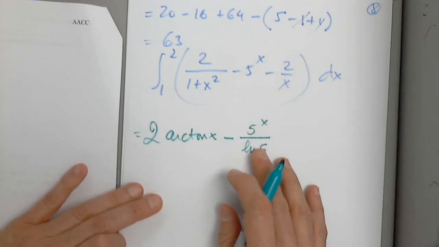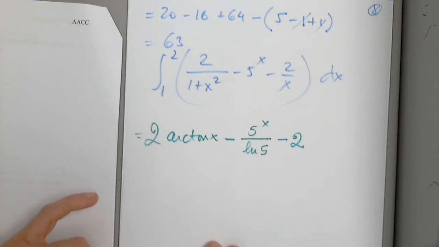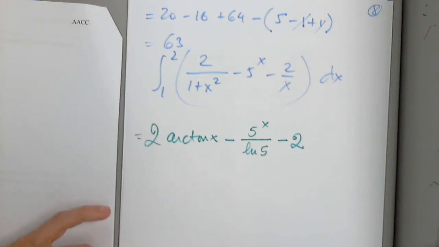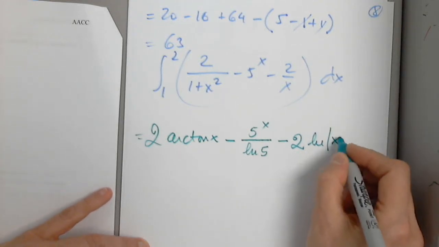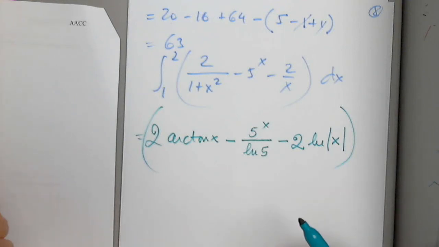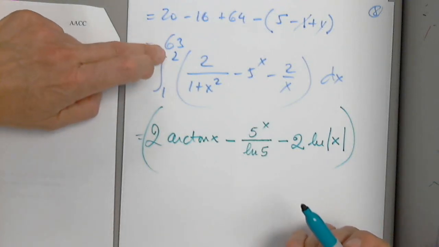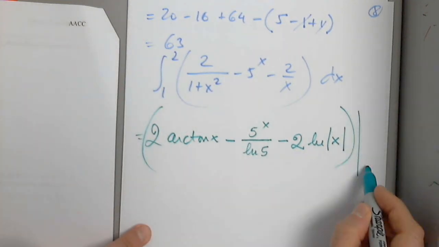We'll talk about it in a minute. And minus 2. Very good. Absolute value. And you can say absolute value. There's no need for absolute value between 1 and 2. Agreed. But the first step, I have to write it from 1 to 2.